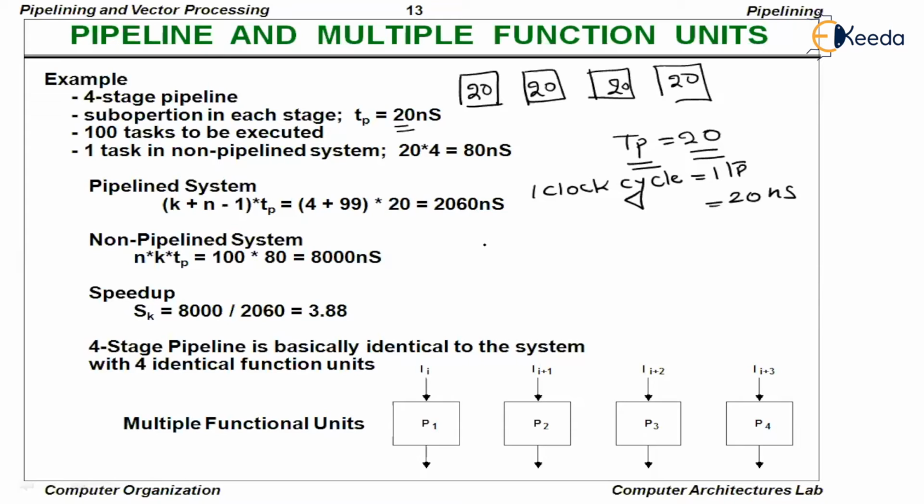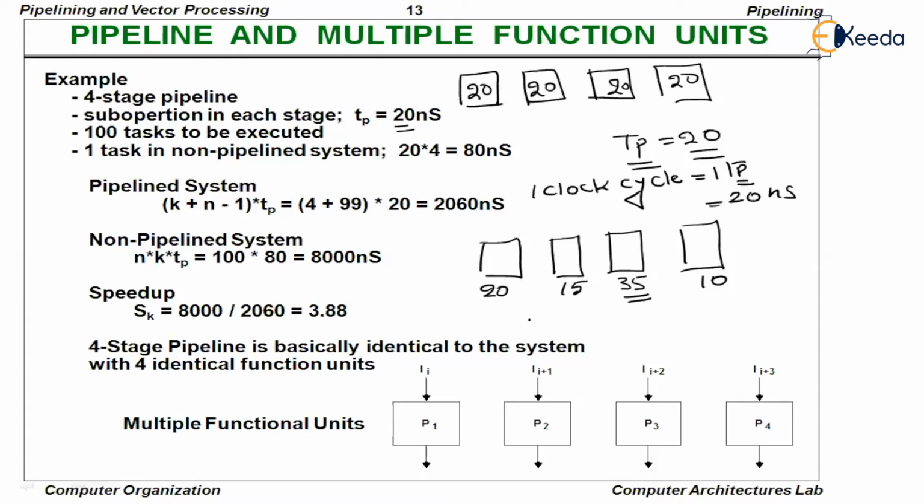I'll give you one more example. In the previous case, one clock cycle is equal to 20 nanoseconds, which is equal to 1 Tp. In this case, let us say each and every segment takes different delays. That is, the first one is 20, the second one is 15, the third one is 35, and the fourth one is 10. Here, Tp is equal to 35 nanoseconds.